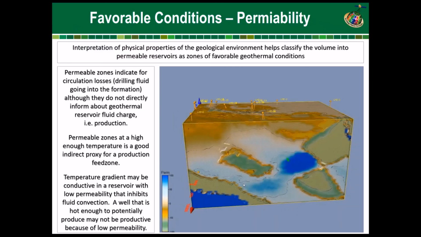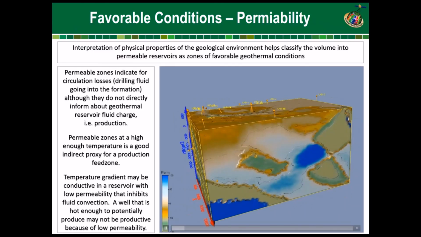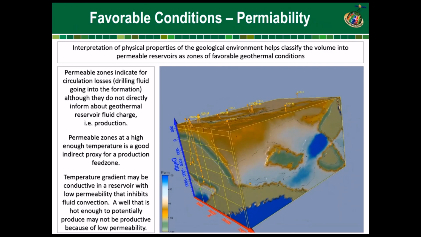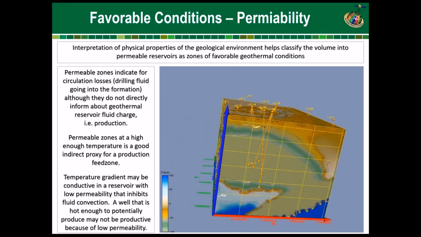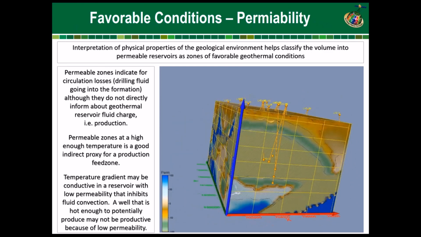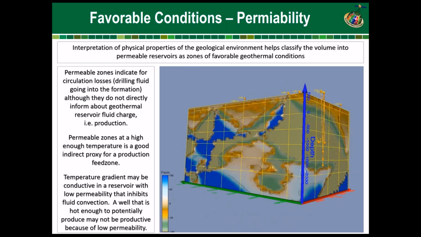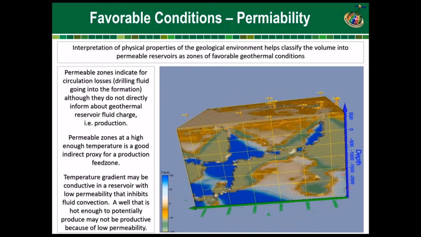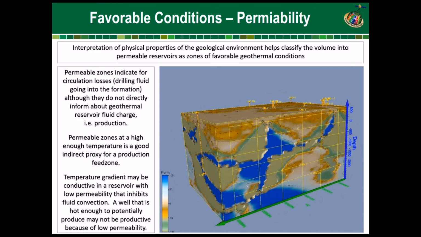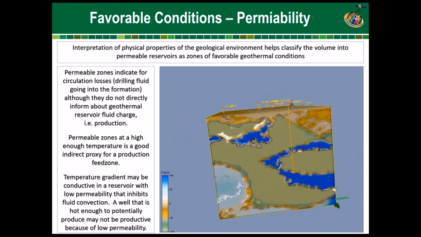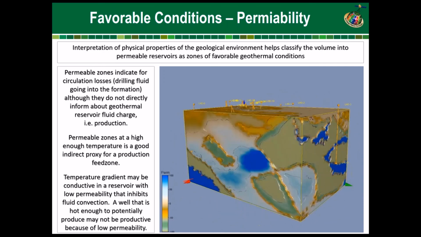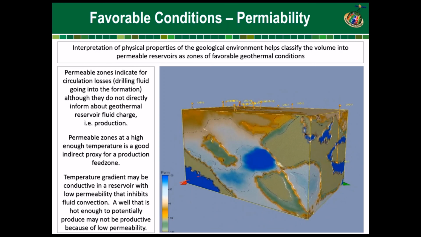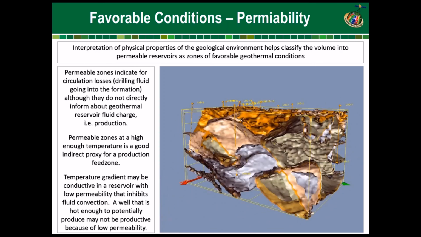There's another favorable condition for geothermal applications: the physical properties of the geomedium, how permeable it is. Interpretation of physical properties of the geological environment helps classify the volume into permeable reservoirs as zones of favorable geothermal conditions.